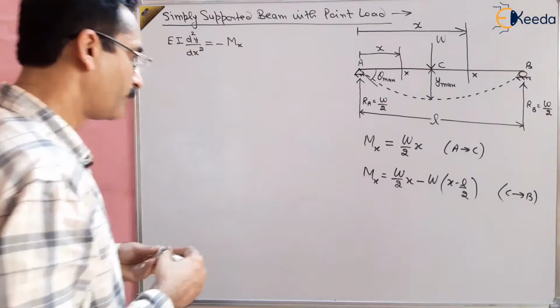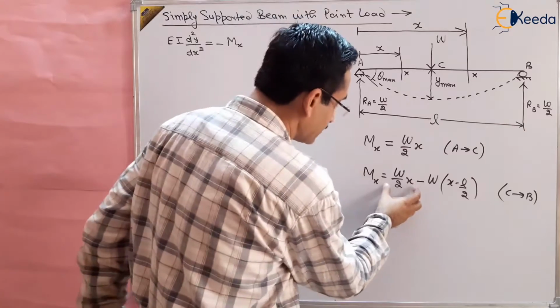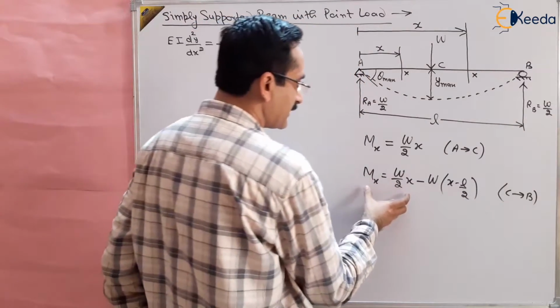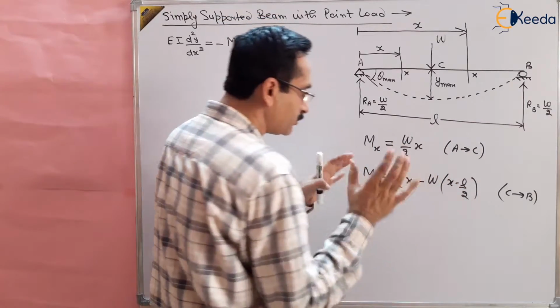Now you know that this portion C to B also contains the A to C part, which means we can divide this Mx into two parts.